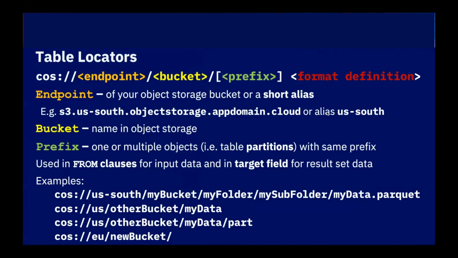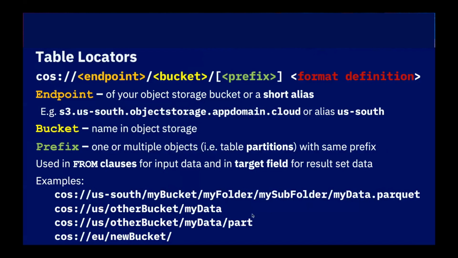The bucket name, as I said, is the logical grouping of data in Cloud Object Storage, and within buckets, the so-called prefix. A prefix is basically a qualifier of one or more objects. So depending on how detailed you specify the prefix, it may qualify just one individual object, like in this case you can see here, this parquet file, which is really meant to be just this one object to be read.